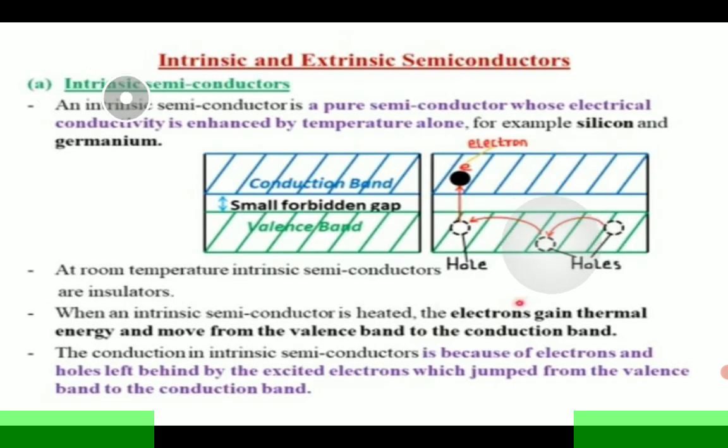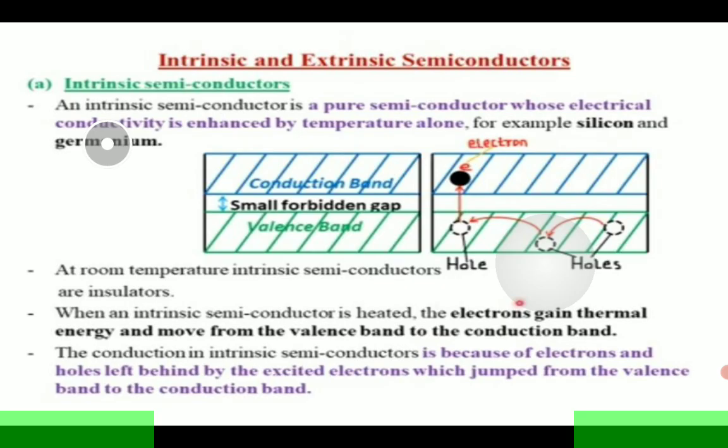So what are intrinsic semiconductors? Definition. We define an intrinsic semiconductor as a pure semiconductor whose electrical conductivity is enhanced by temperature alone. For example, silicon and germanium. In lesson 1, I pointed out that you can increase the conductivity of semiconductors by heating or by raising their temperature.